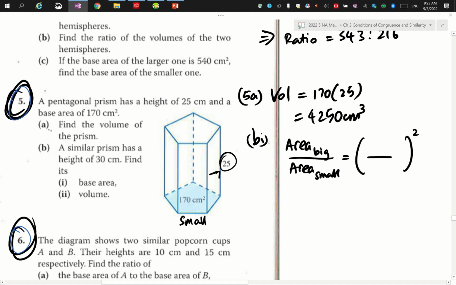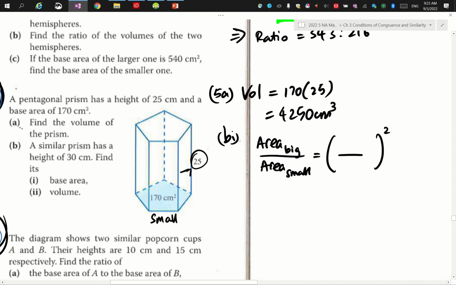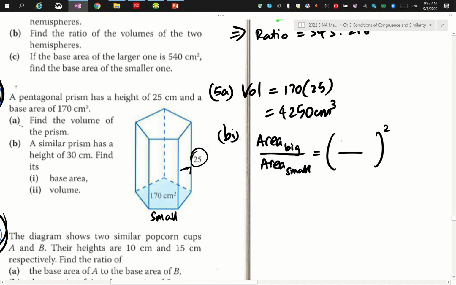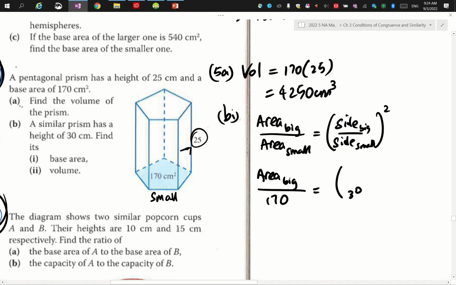Then this will be the ratio of the sides, but we square them. So side big divided by side small. Substituting values. Area big divided by area small, 170. Side big, 30. Side small, 25. Square it. Area big.